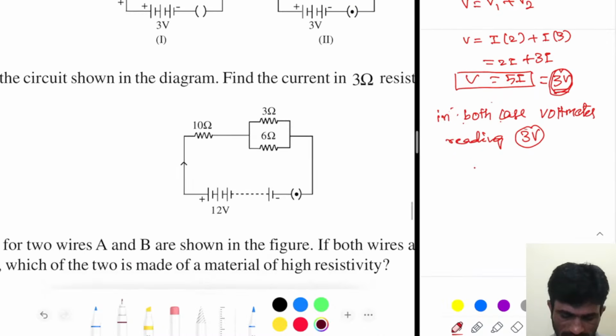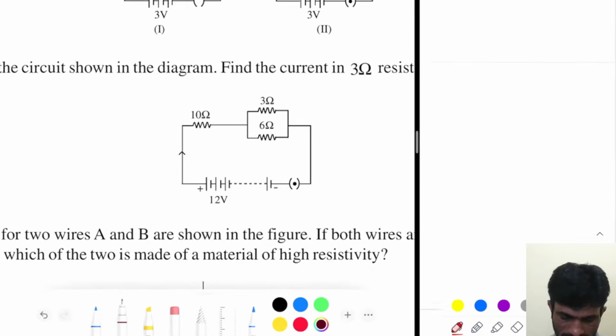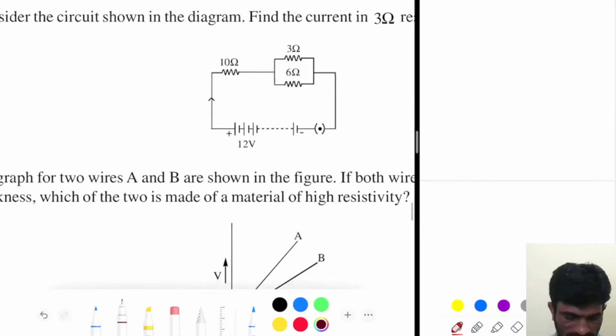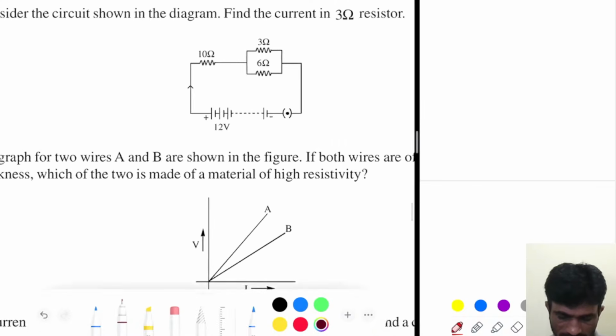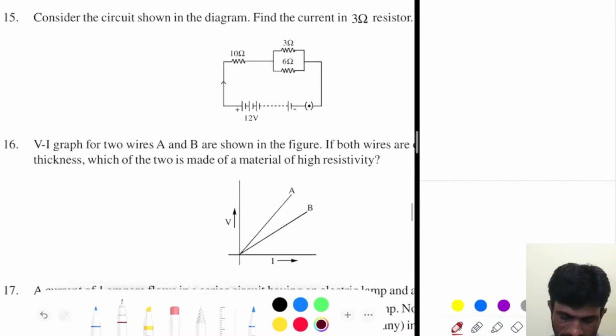Now let us see this question. Observe this figure. We have to find out the current in the 3 ohms resistance. Question number 15. How do we find the current in the 3 ohms resistance?